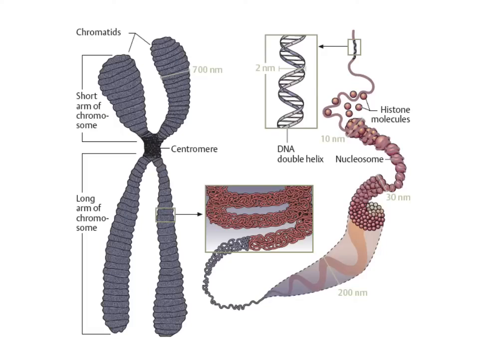The first step is that we need to unwrap this big collection of huge and complex structures, the chromatin, in order to get to the DNA double helix strand. We also need to break the bonds between the double helix in order to get the genetic information. It's a very complicated and delicate process in order to preserve our genetic information.